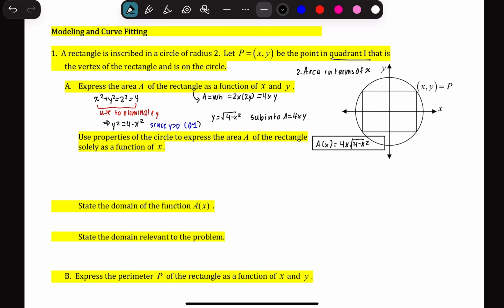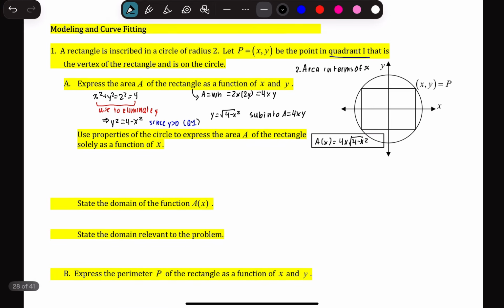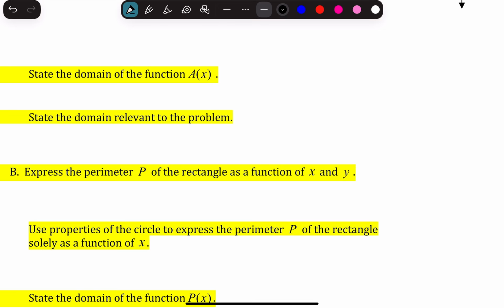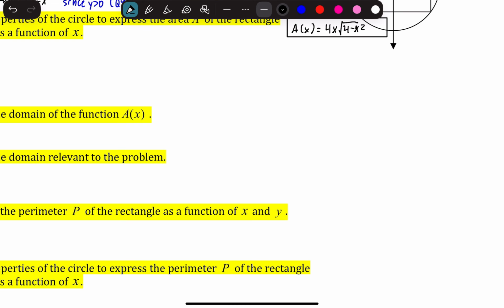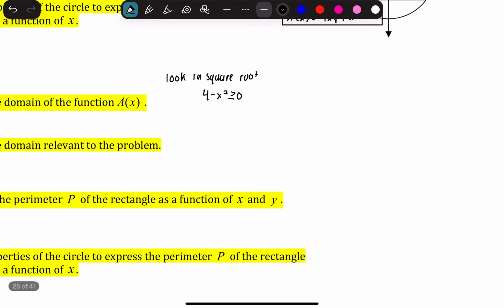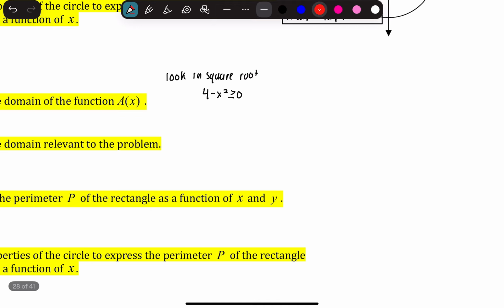Okay. And what is the domain of this function A of x? To find the domain, we have to look in the square root. So you have 4 minus x squared, and that has to be non-negative because anything under the root has to be non-negative, otherwise you get imaginary numbers, which are complex.